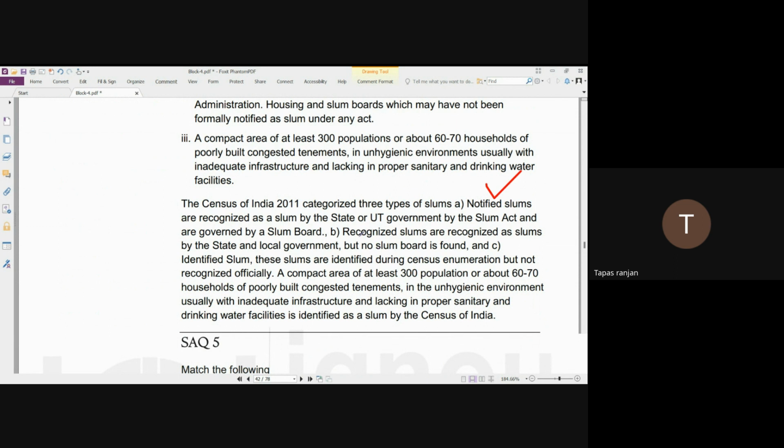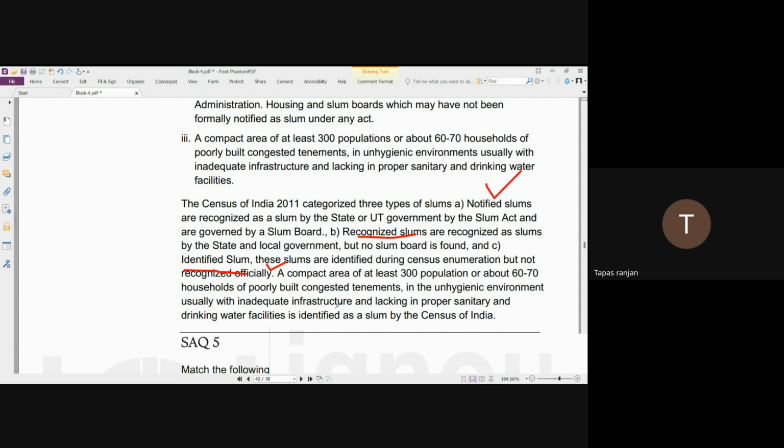Then recognized slums are recognized as slum by state and local government, but no administrative unit has been formed yet. Then you have identified slums. These slums are identified during census enumeration, but not recognized officially.